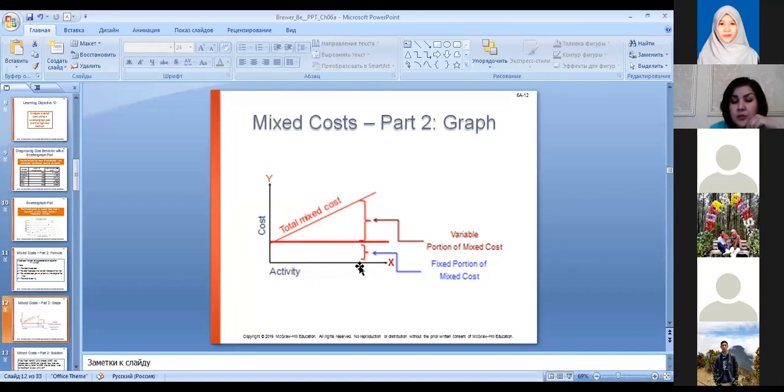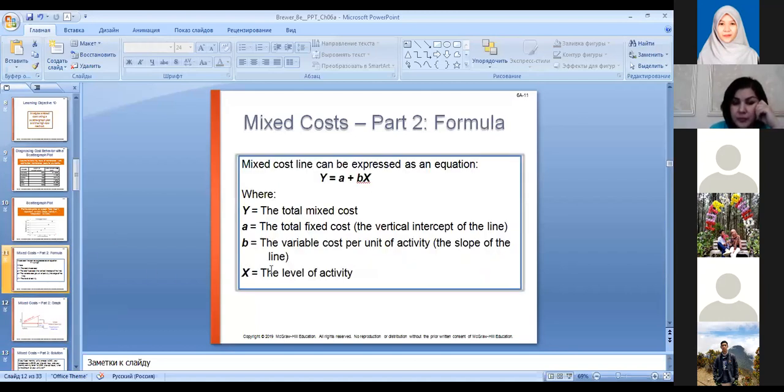When we do this, we find B, which is the slope of the line and which is the variable cost per unit. And X is simply the level of activity.